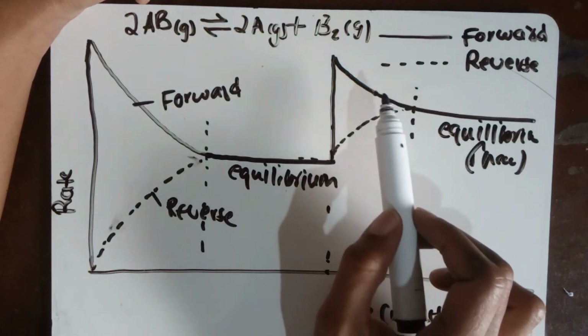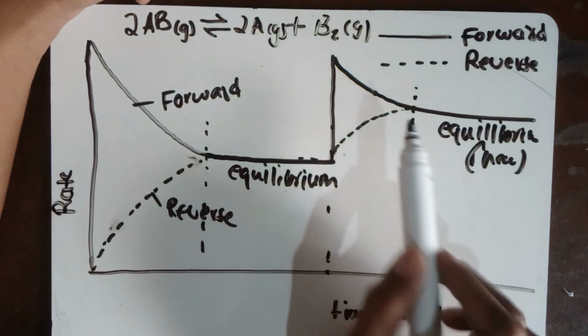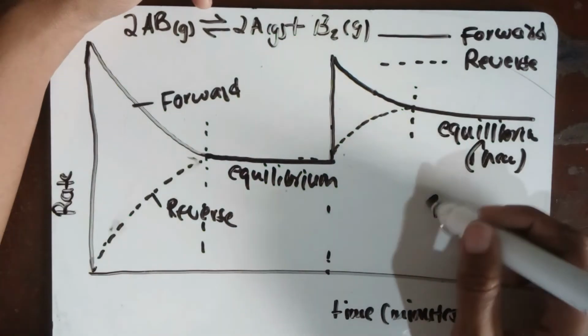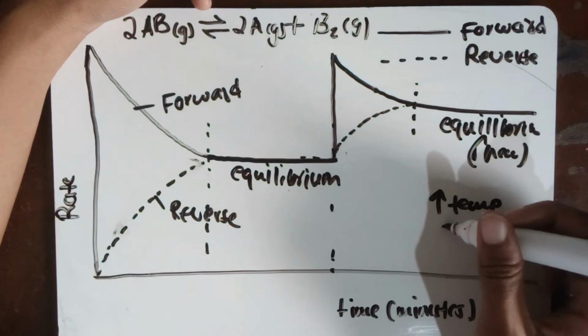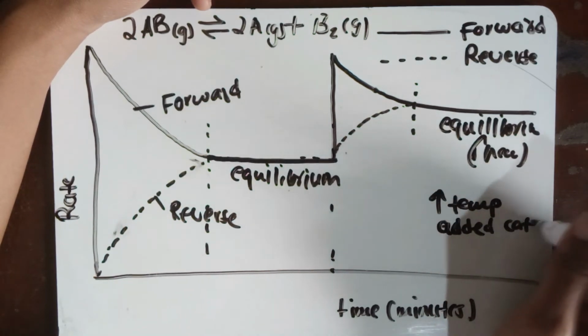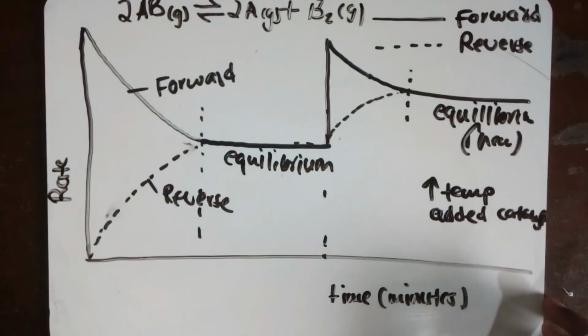Cool. So what do you think could have happened? If we have a situation like this, it means that it could either have been an increase in temperature that affected both rates, or we added a catalyst. And we've spoken a little bit about what a catalyst is in the previous lessons.